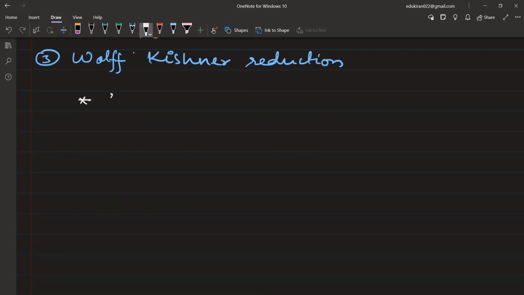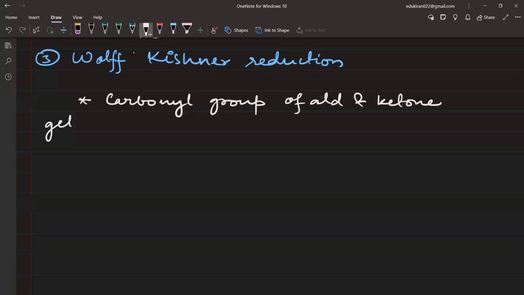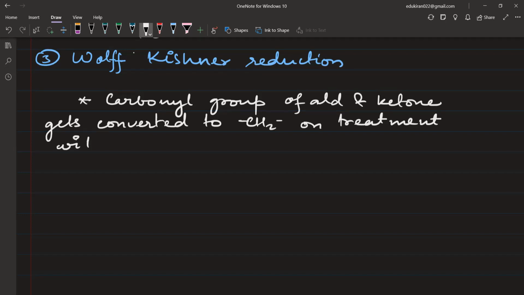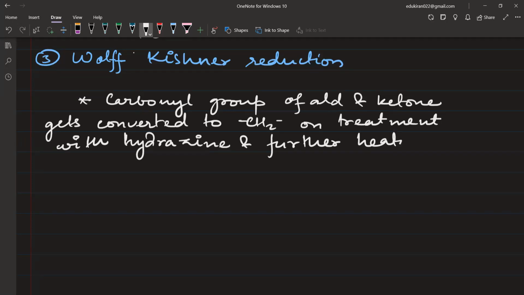Please write, the carbonyl group of aldehyde and ketone gets converted to CH2 on treatment with hydrazine and further heating with KOH.